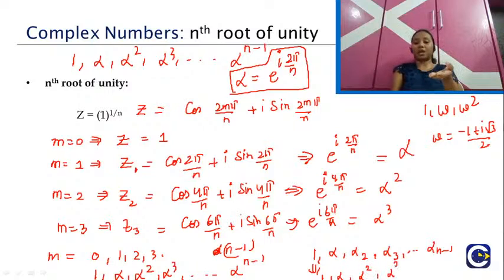Alpha 3 is nothing but alpha cube and so on until alpha power n minus 1. So in some questions they will be representing in this manner also. But overall, these are my nth roots of unity here, and my alpha here is nothing but equal to e power i 2 pi by n. Right. So as here we are having, these are my nth roots of unity.